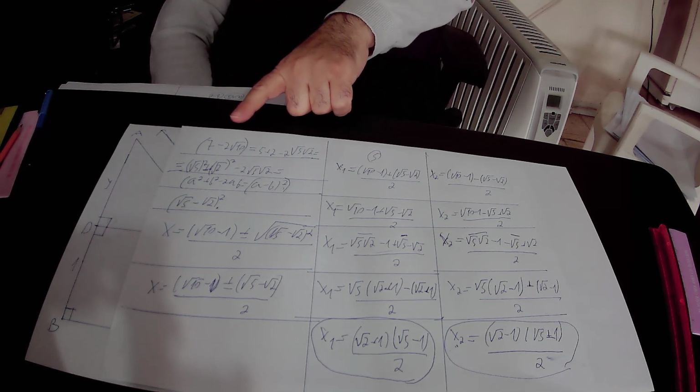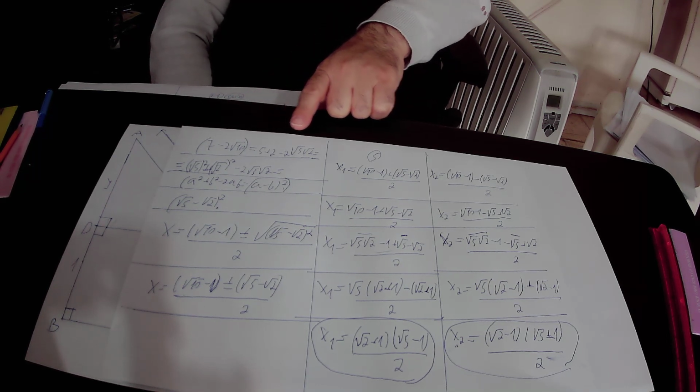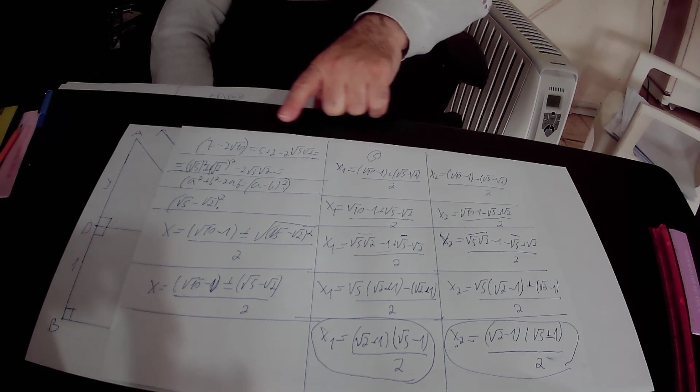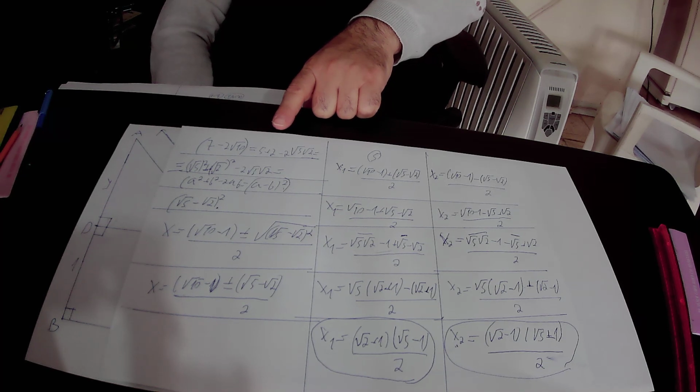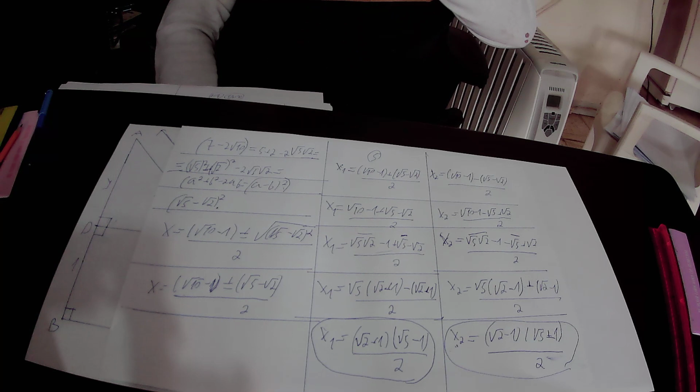We substituted 7 by 5 plus 2, and here we have minus 2 times, and we substituted square root of 10 by square root of 5 times square root of 2, and 5 we substituted by square root of 5 squared, and we substituted 2 by square root of 2 squared.